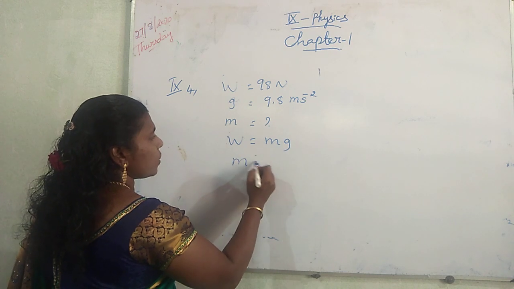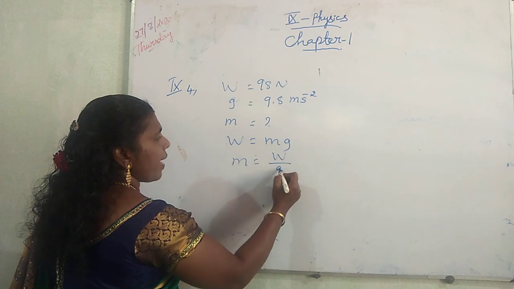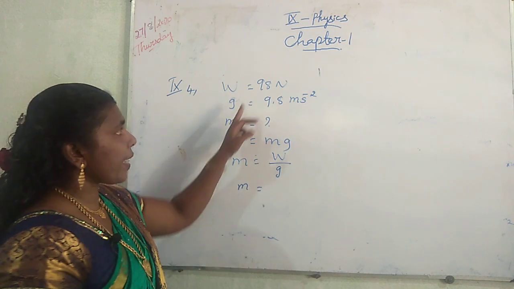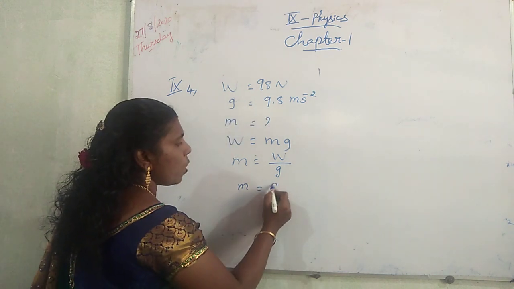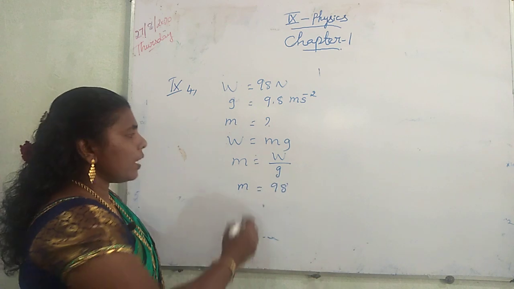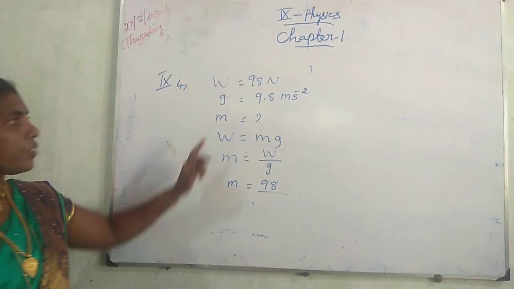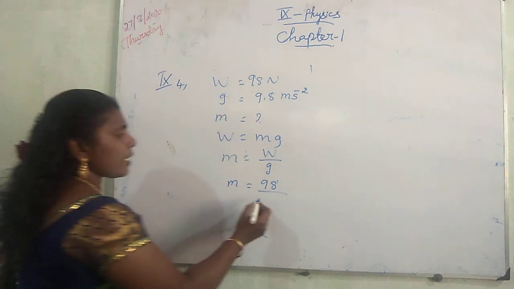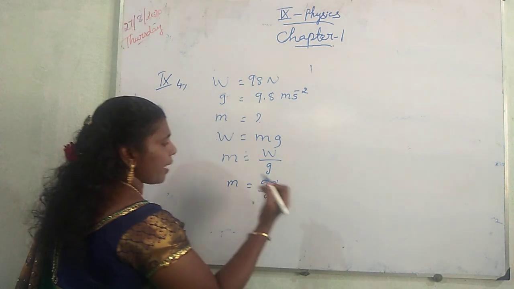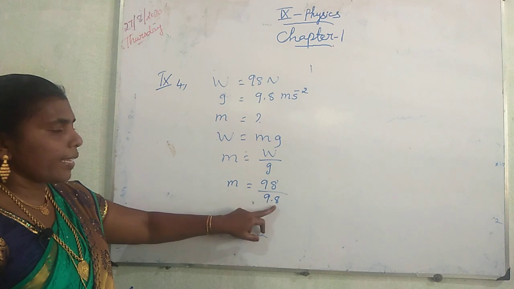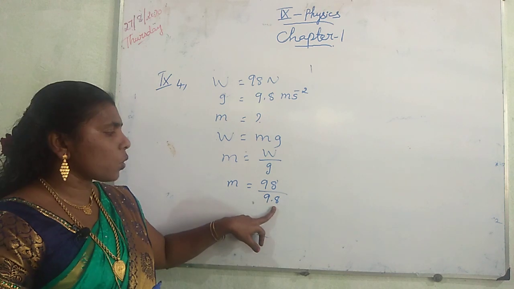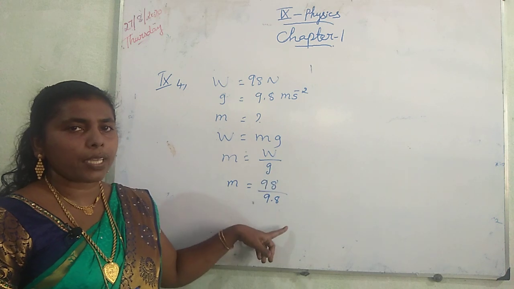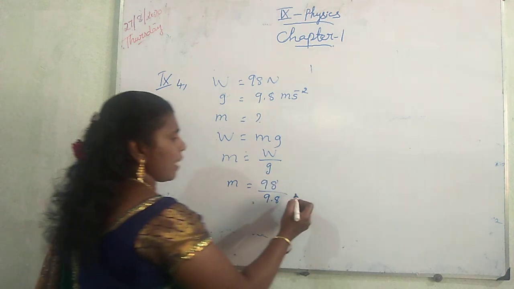So m equal to weight divided by acceleration due to gravity. What is the value of weight? 98. So we write 98 divided by the value of g, which we have already written from what is given: 9.8. Then there is a decimal point, with only one number after it, so we multiply numerator and denominator by 10.